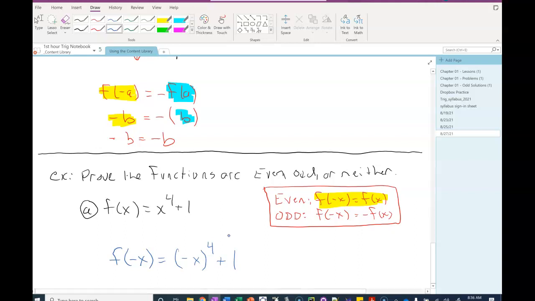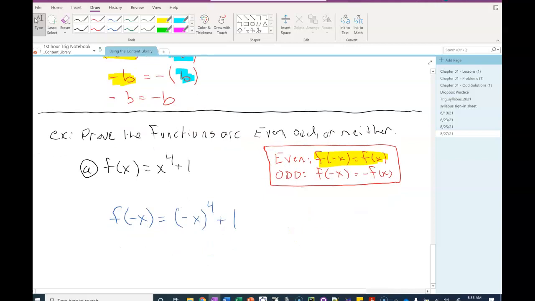So I have negative x to the fourth. What that really means is I have negative x times negative x times negative x times negative x, right? Four negative x's multiplied together. When I multiply four negatives together, what do I get? A positive. When I multiply four x's together, what do I get? X to the fourth. Everybody agree?